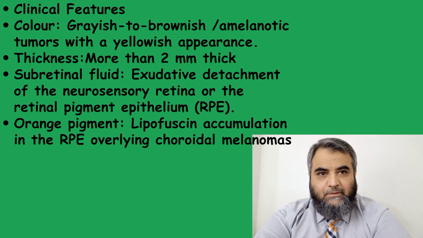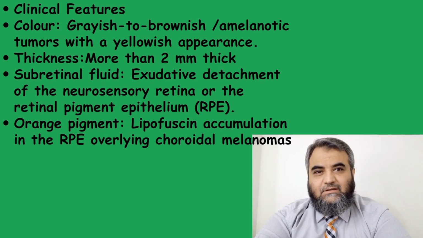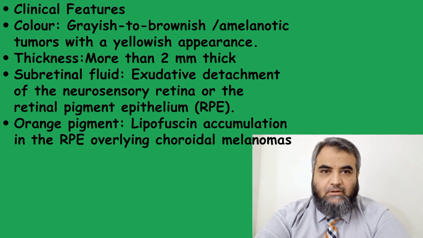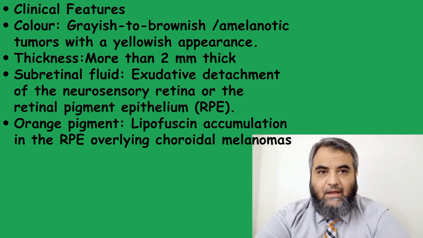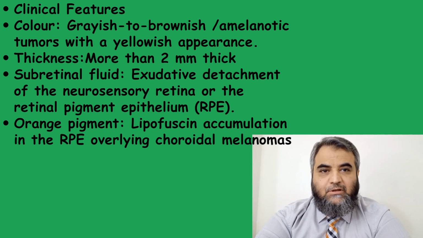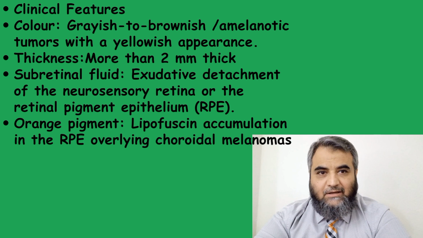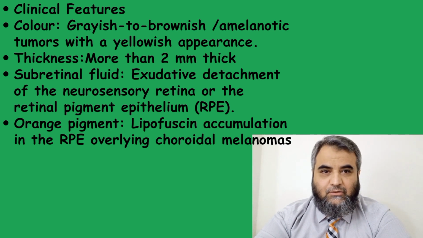Fundoscopically, it may be grayish to brownish in coloration, and sometimes amelanotic. As compared to choroidal nevi, they are more than 2 mm elevated. There may be associated exudative retinal detachment, and lipofuscin pigments over the choroidal melanoma.